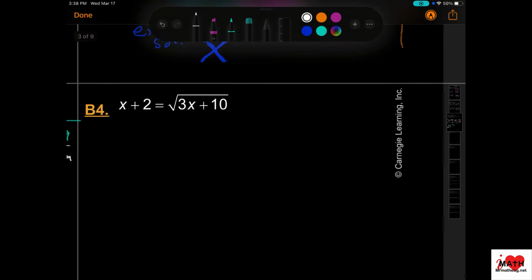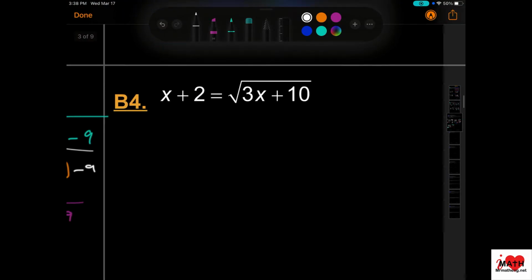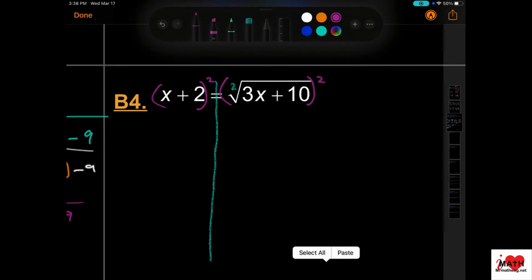All right, let's take a look at letter B4 now. Same thing. Separate the sides. The radical sign on the right side is isolated. The index there is an invisible 2, so I just need that number to square on both sides. I'm going to get x plus 2 squared.